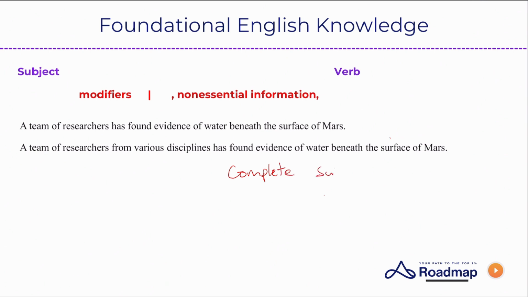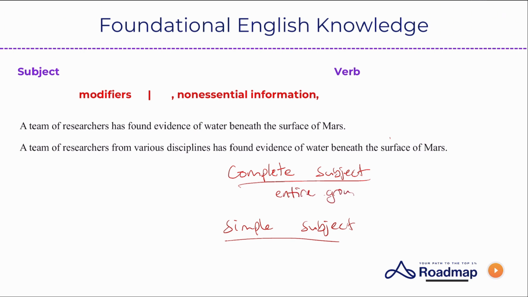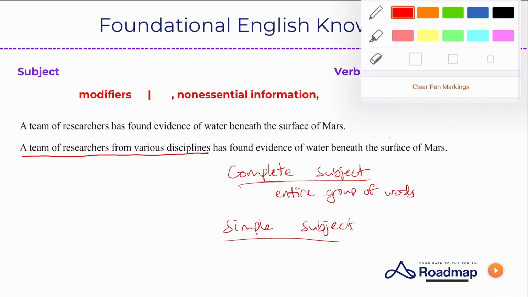So a complete subject is basically the entire group of words that make up the subject of the sentence. So in this example here, a team of researchers from various disciplines is your complete subject. On the other hand, a simple subject is that one word that comes before modifiers and before non-essential information.